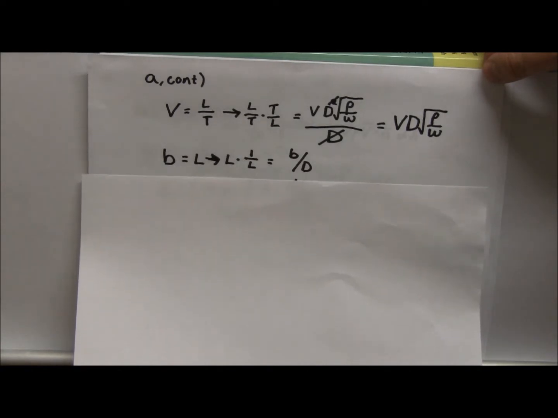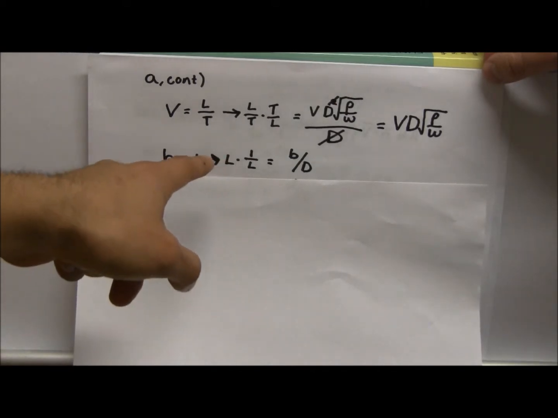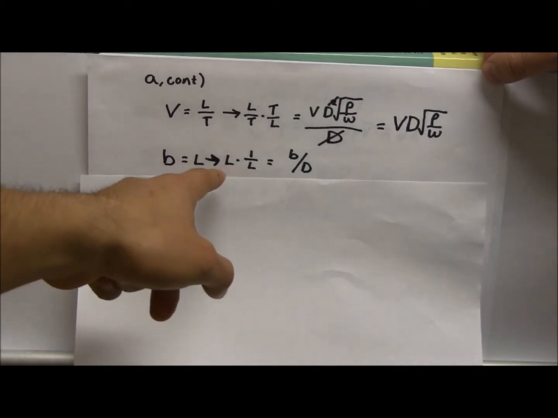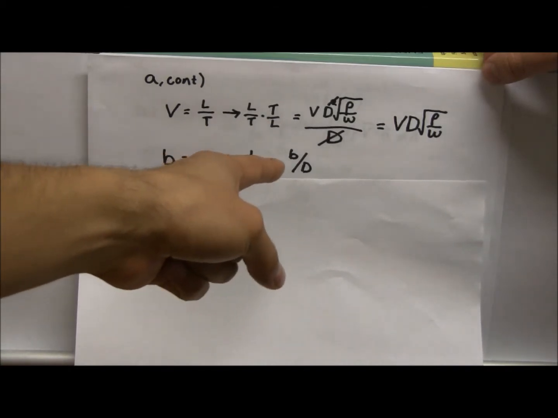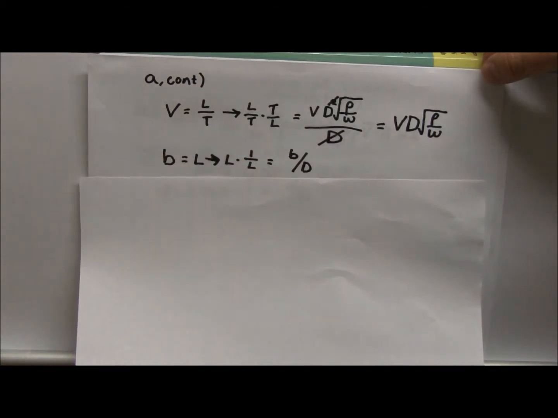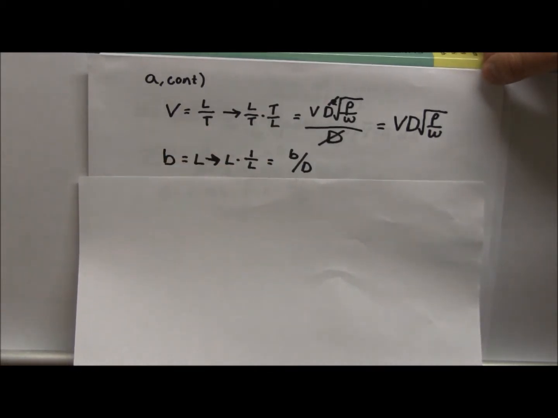And then similarly for the width of the block, we know that's a length, and simply to get that dimensionless, we need to multiply it by the reciprocal of L, which is 1 over L, and since we defined L to be D, you get this quotient on the right.